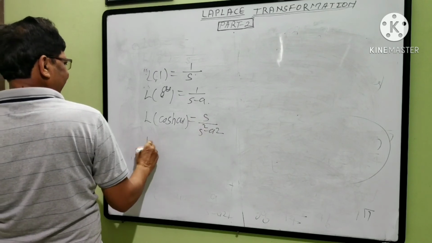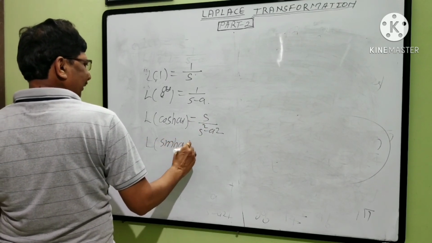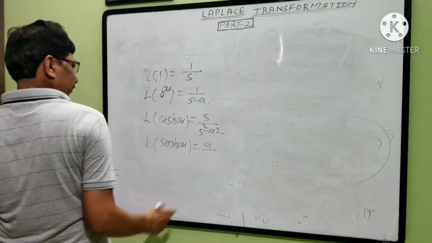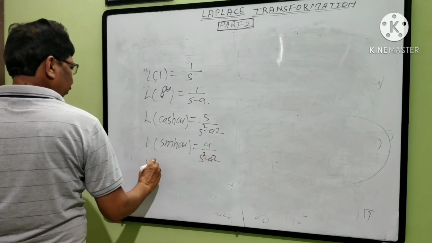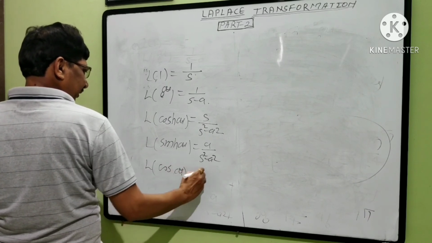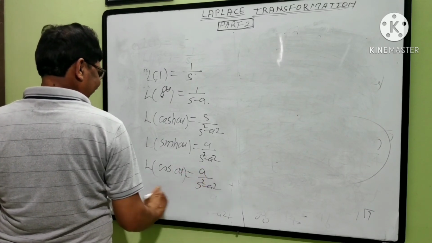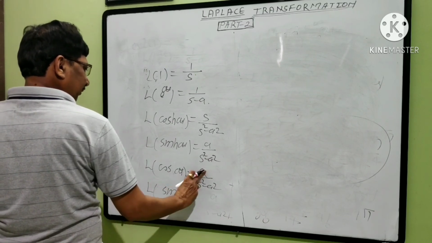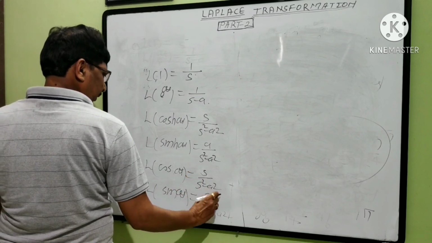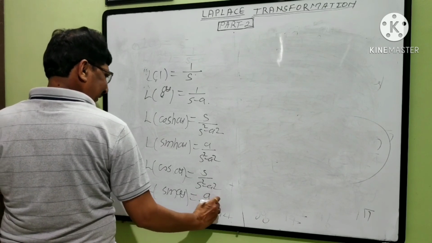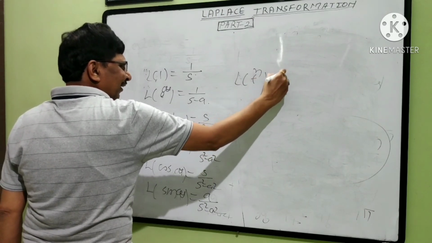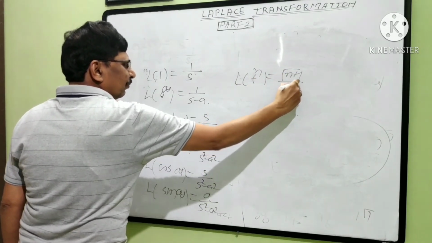Sin hyperbolic at is a upon s square minus a square. In circular cos at, s upon s square plus a square, and sin at is a upon s square plus a square. And Laplace transformation of t raised to n is gamma of n plus 1 upon s raised to n plus 1.